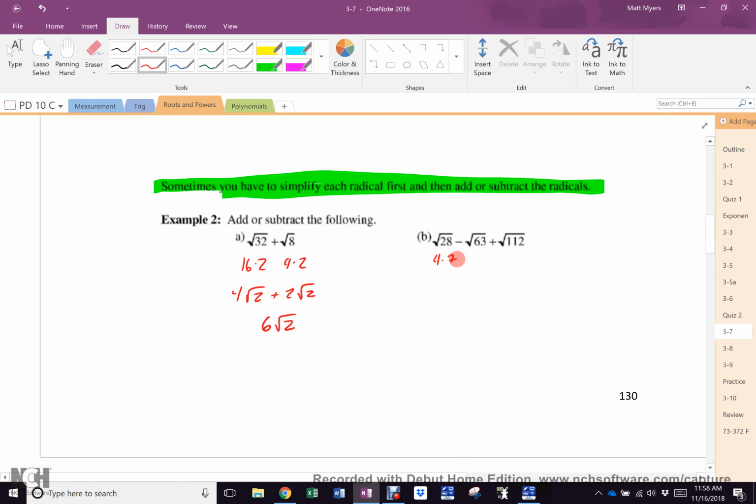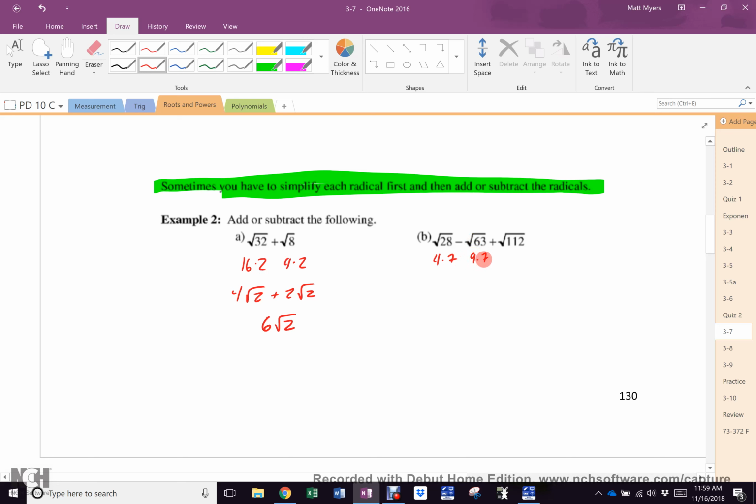4 times 7. Mr. Myers, why did you choose 4 instead of doing a factor tree? Because 4 is a perfect square. What is 63? 9 times 7. Why did you choose 9?